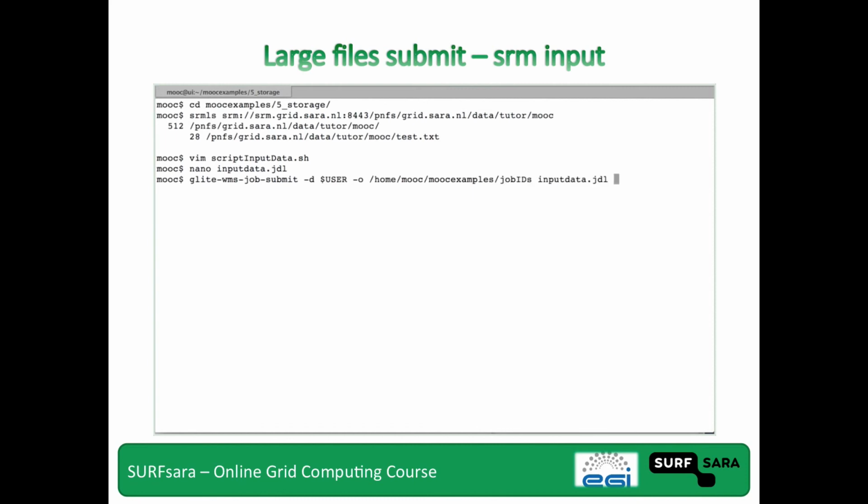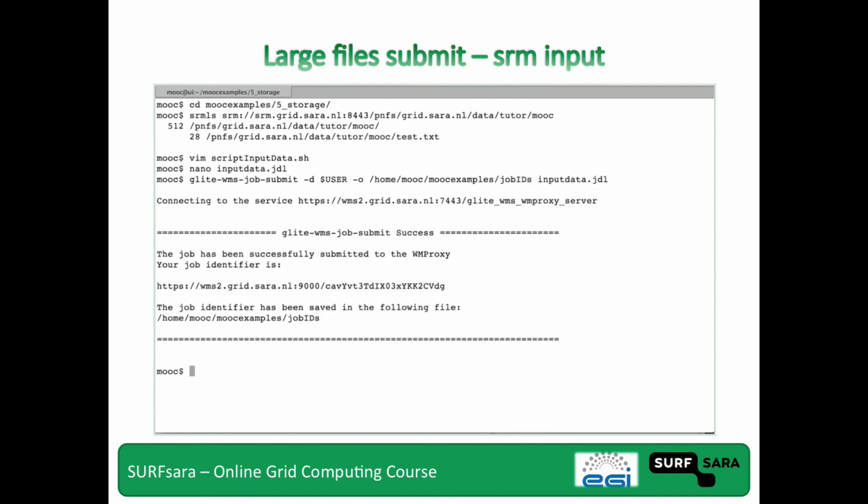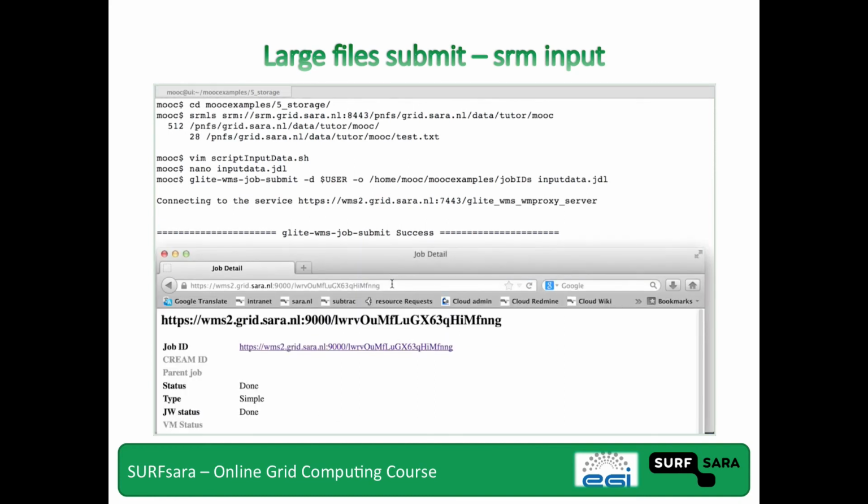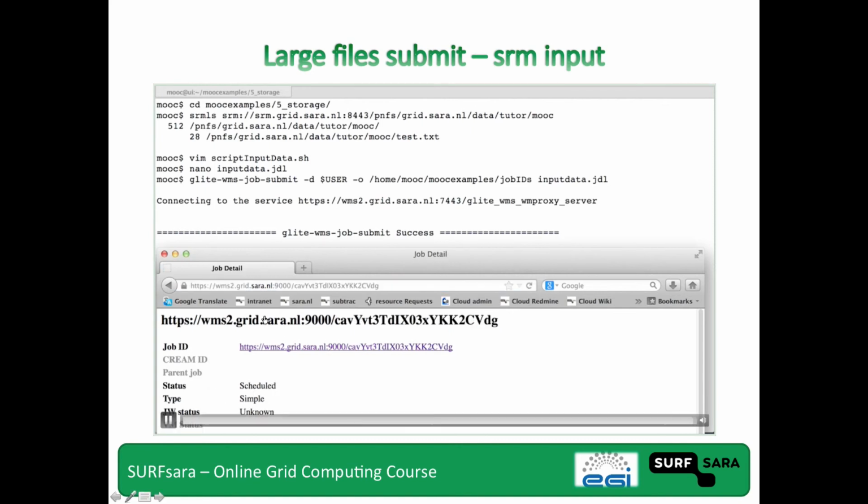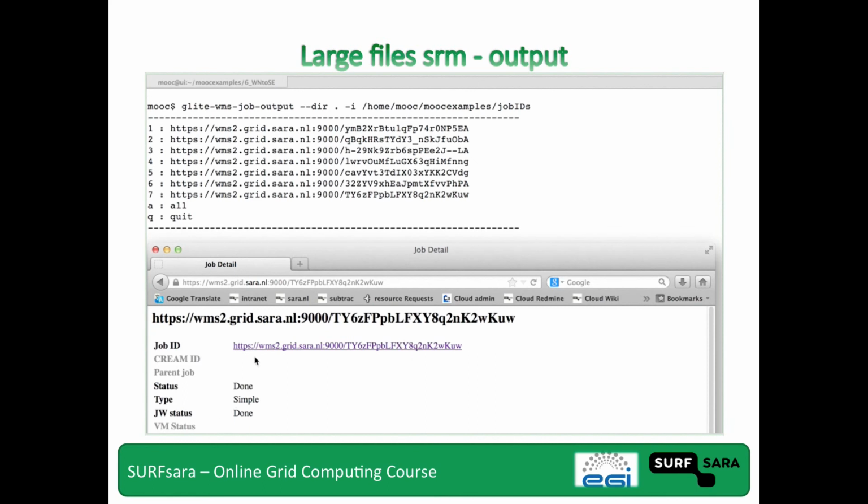Okay, so again, job IDs in the JDL, and submit it to the grid. And here we have the identifier again that we can use to check the status. There we go. It's done.